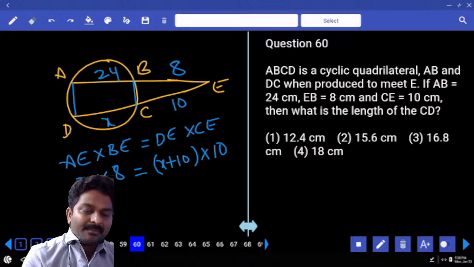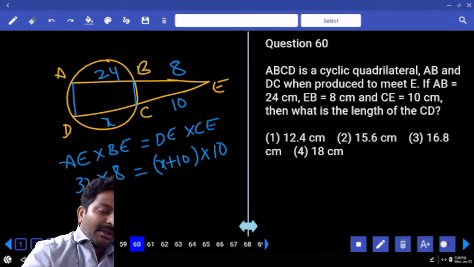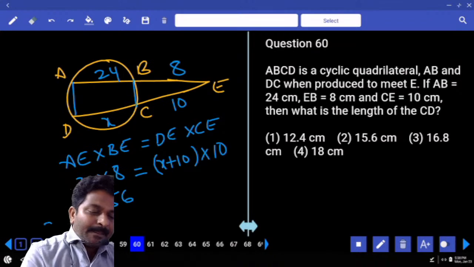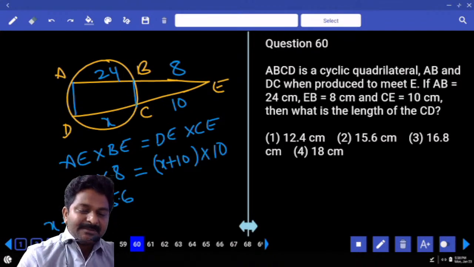Come on, 8 30s, 240, 8 2s, 16, 240 plus 16, 256 is equal to X plus 10 into 10 only. From this, X plus 10 is equal to 25.6, X is equal to 15.6.